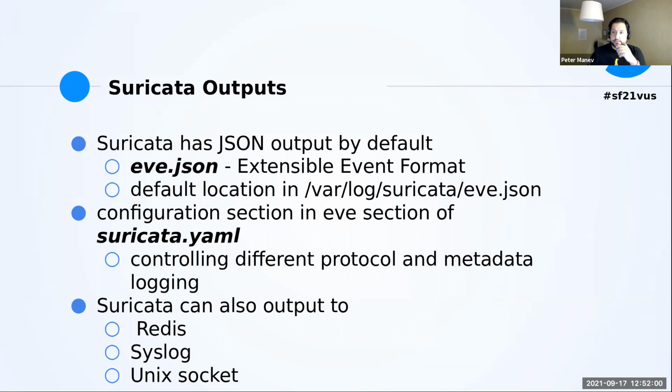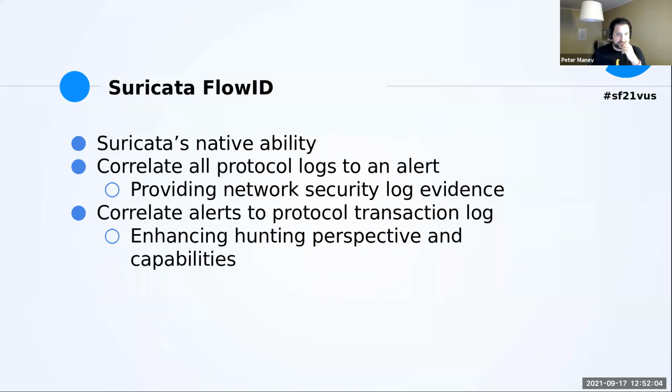One of the major advantages of Suricata, I think, is the so-called FlowID. What does this mean? It's a native Suricata ability to correlate all protocol logs to an alert.